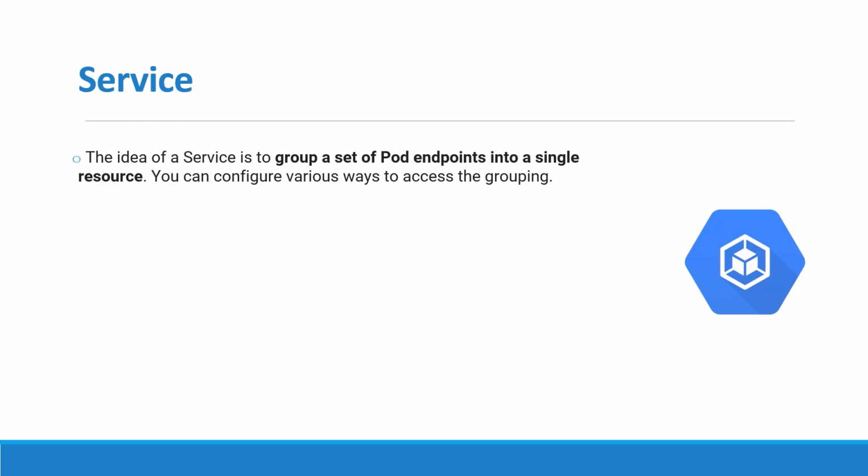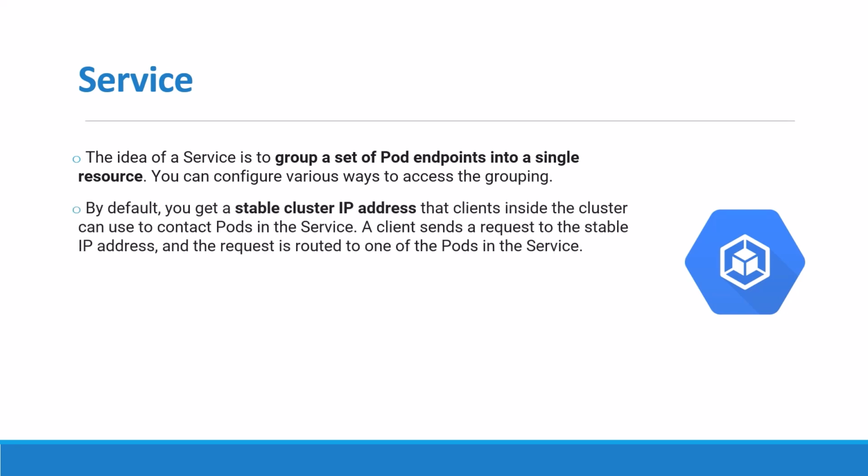So now let's go to service. What is a service? The idea of the service is to group a set of pod endpoints into a single resource. You can configure various ways to access the grouping. By default, you get a stable cluster IP address that clients inside the cluster can use to contact the pods in the service.